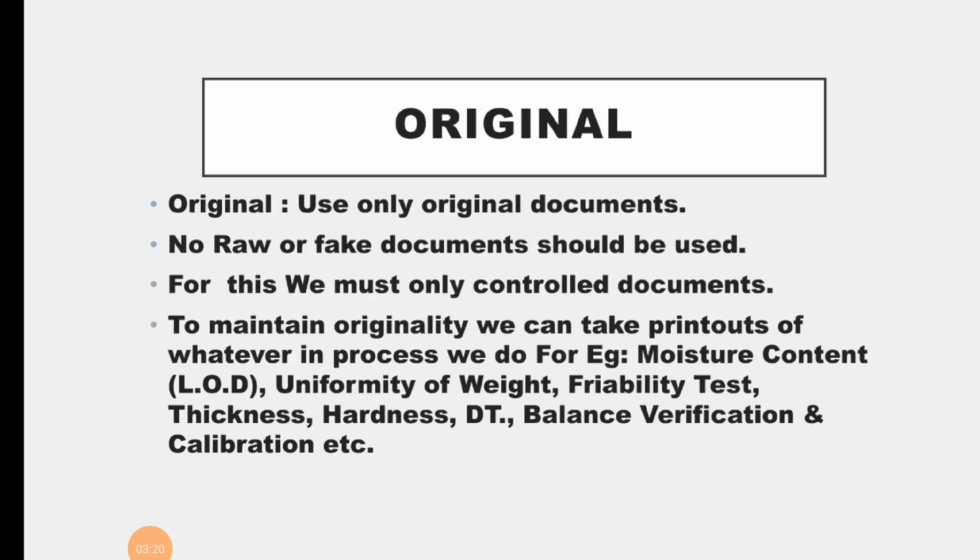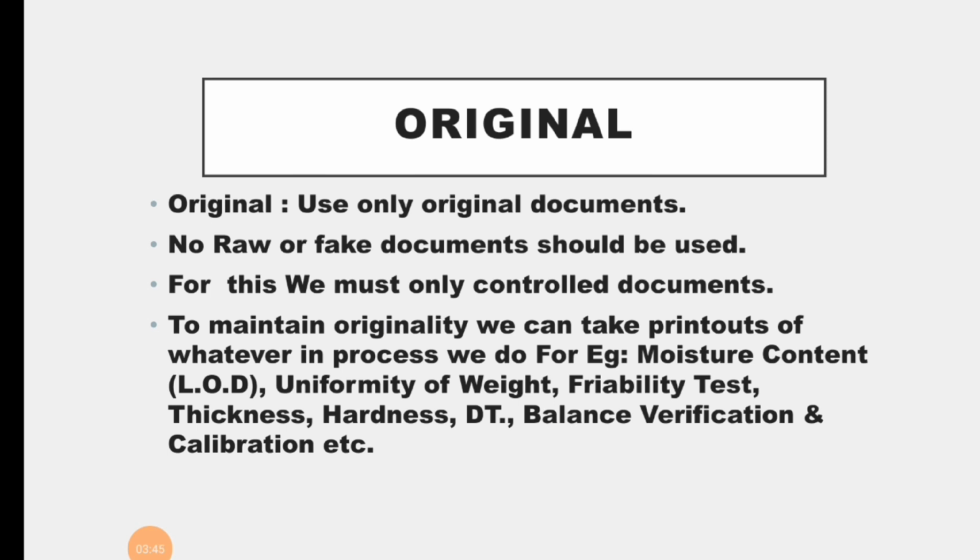O stands for original, and that means use only original documents. No rough or fake documents should be used. For this, we must only use controlled documents. To maintain the originality, we can take printouts of whatever in-process tests we do.